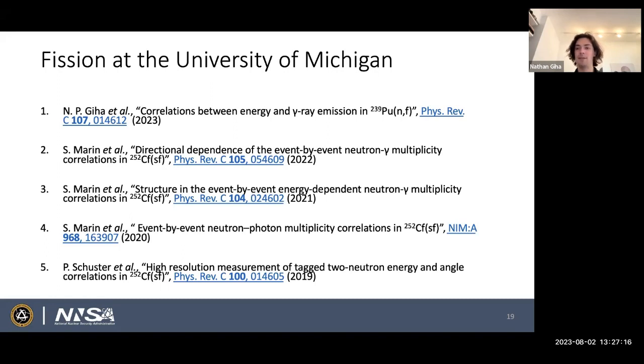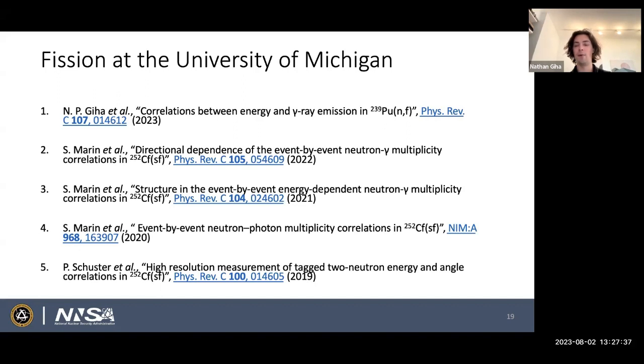I happen to think that's not the case. I think there's some experimental evidence that neutrons are, like I mentioned, emitted isotropically in the fragment frame. So I would say at most it's a small contribution, is my opinion.